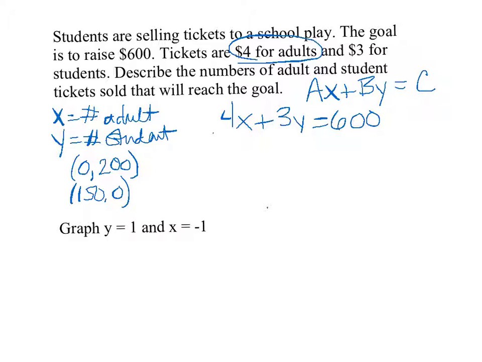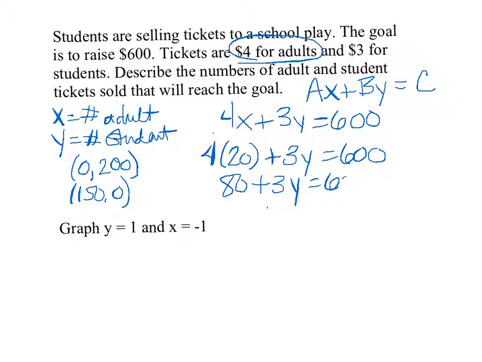We just got to try something else. Let's say I sold 20 adult tickets. And then we got to figure out how many student tickets you would have to sell. So 4 times 20 is 80, plus 3y equals 600. Subtract 80.